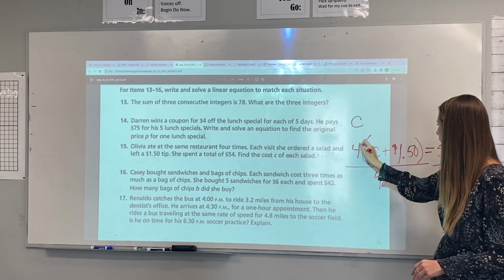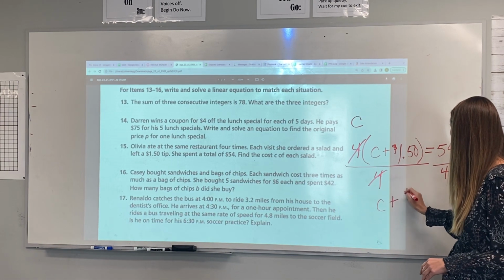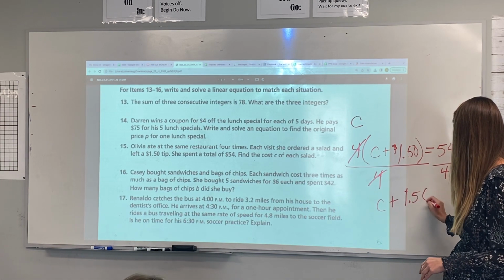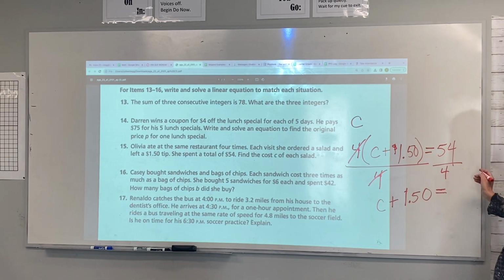Okay, so we have C plus 1.50 equals, 54 divided by 4. You need your calculator. 13.5. Okay, what's the last step?